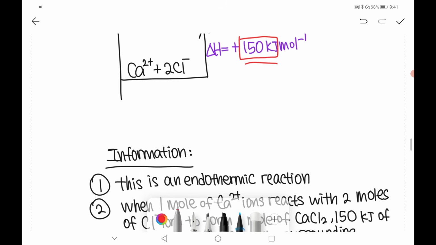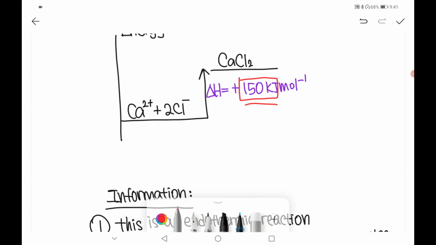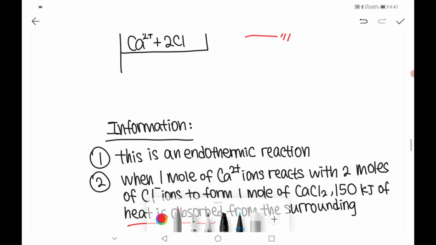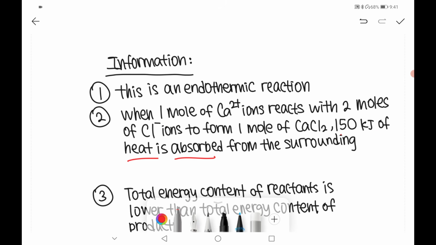So remember, when you mention how much heat you absorb or release, you don't need to put in the mole. You just need to mention how many kilojoules of heat is absorbed or released. So you can write 150 kilojoule of heat is absorbed. And you need to mention where the heat is coming from.